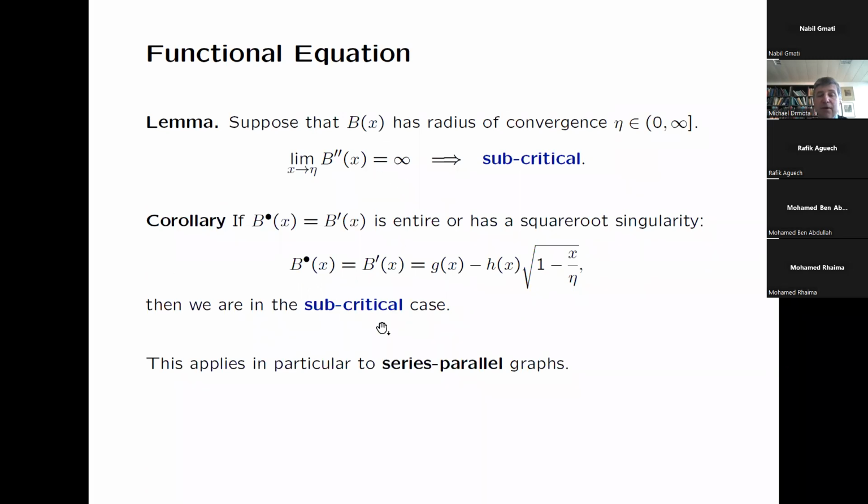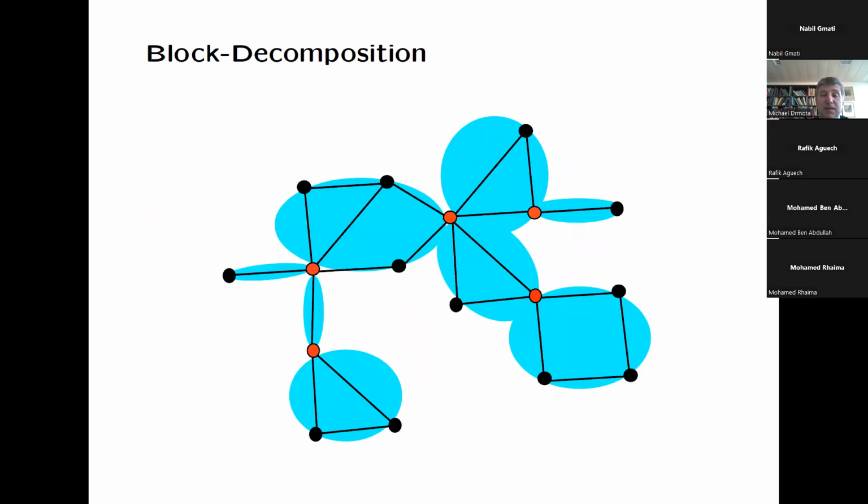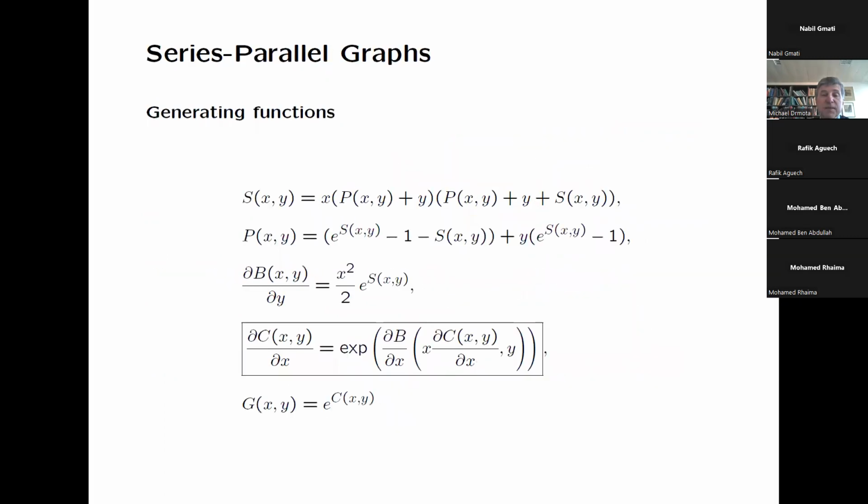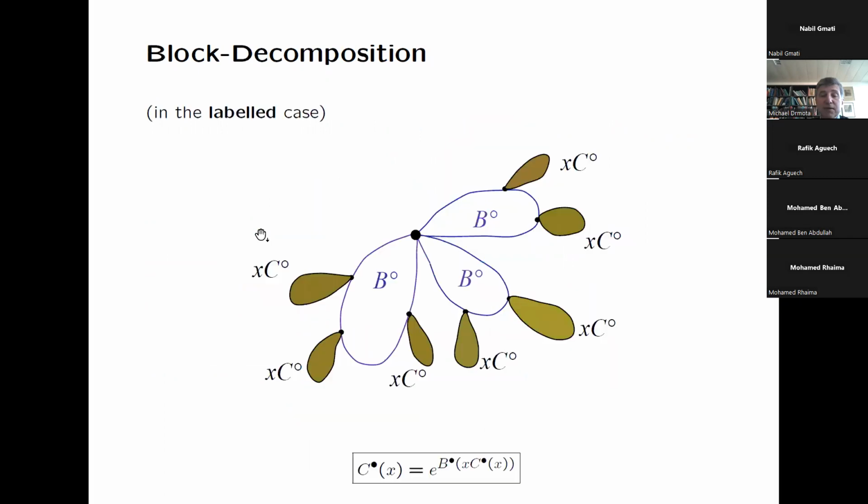And in our case, we have the property that the generating function of the two connected graphs, and the two connected graphs we can see here, they will have a squared singularity that comes from this system, more or less. And so we are in the subcritical case.